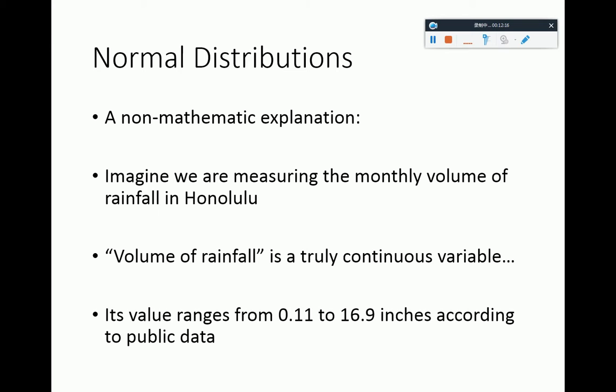From public data, I gathered these two numbers, the range: the average monthly volume of rainfall in Honolulu is from 0.11 to 16.9 inches. I should say cubic inches, according to public data. But anyway, this is just to illustrate that it is a truly continuous variable.